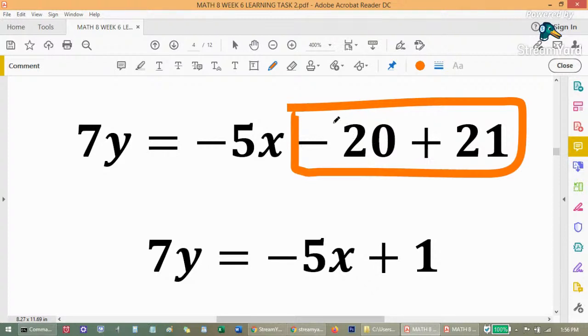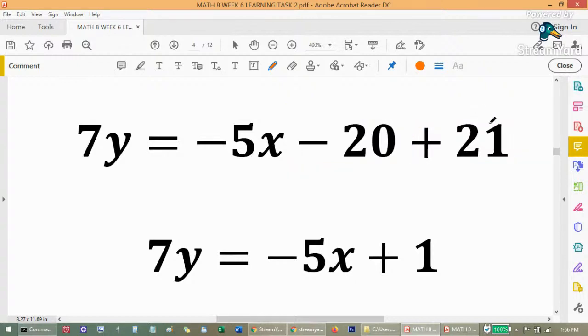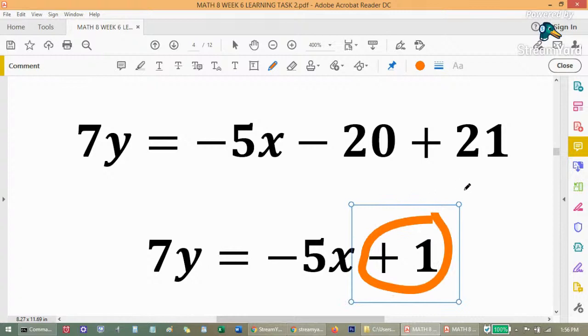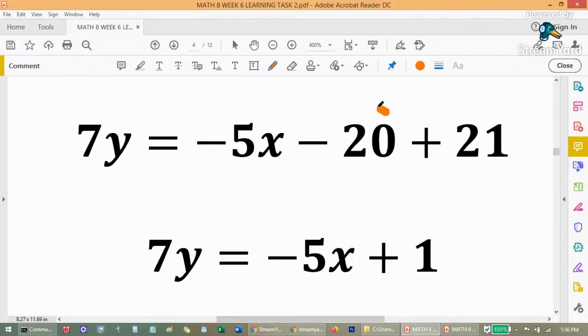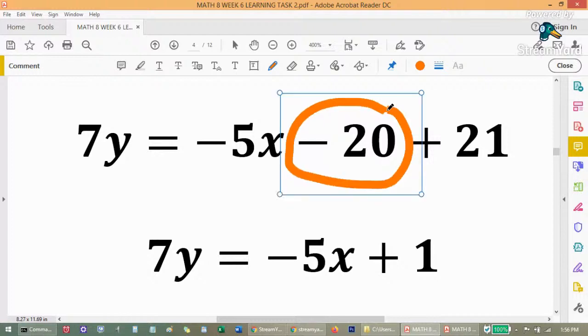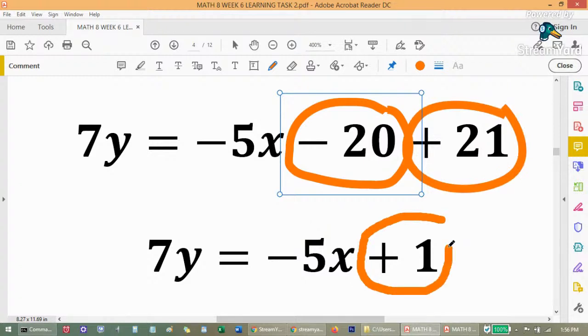Bawat isang negative number, babawasan ng isang positive number. So since there are negative 20 numbers, babawasan natin ito ng 20. So therefore, ang matitira dito pagkatapos mong bawasan ng 20 is isa na lang. Isang positive na lang ang natira, kasi inubos nung 20 na negative yung 20 na positive.